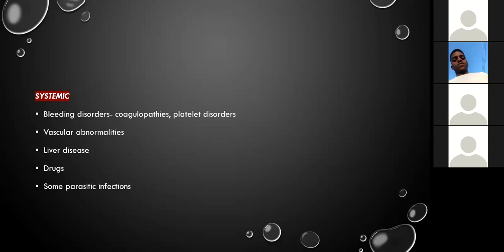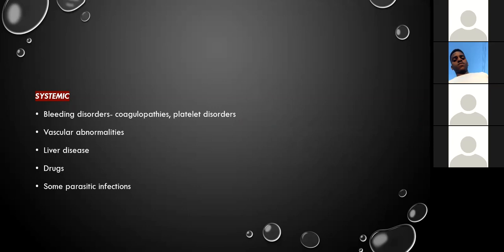Drugs, there are different classes of drugs that can cause someone to bleed, and the drugs may be affecting their clotting. So you have anticoagulants. You could have antiplatelet drugs, for example, NSAIDs could affect the platelet activity of an individual, so you may end up with bleeding.